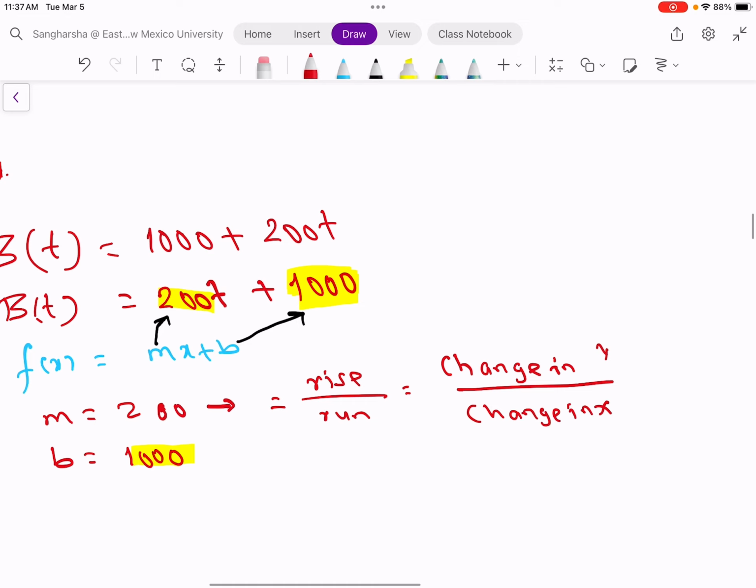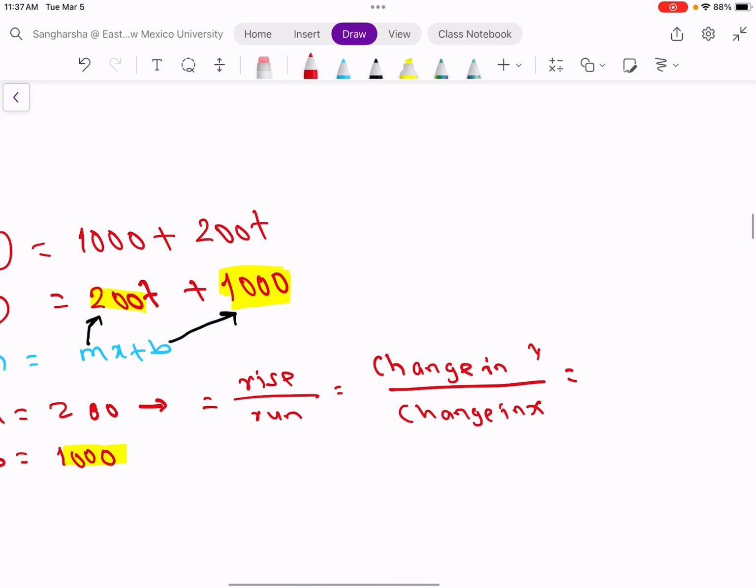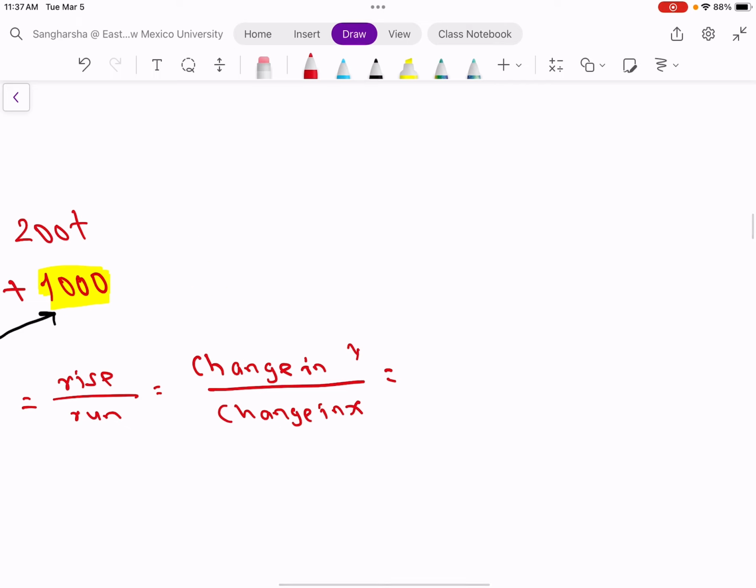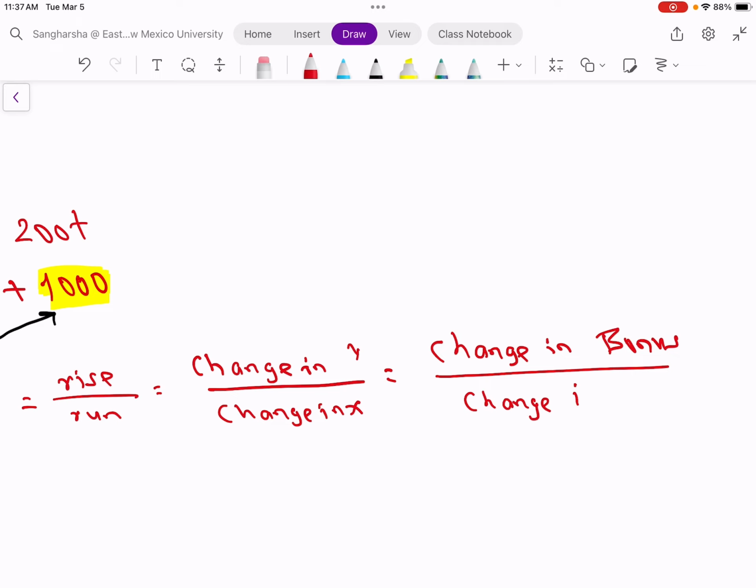Now in our case, what is y? In this specific example, y is the output, right? Y is bonus, so change in bonus. So this 200 is the change in bonus over x. What is x?